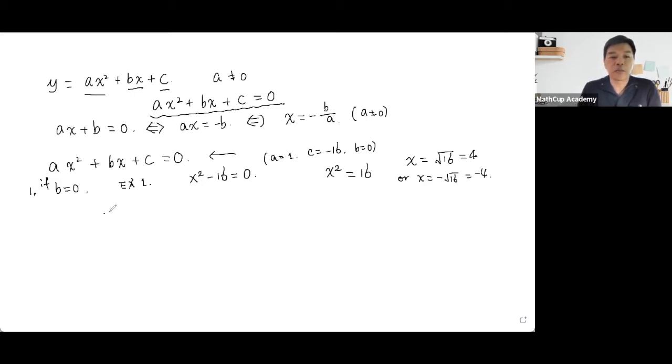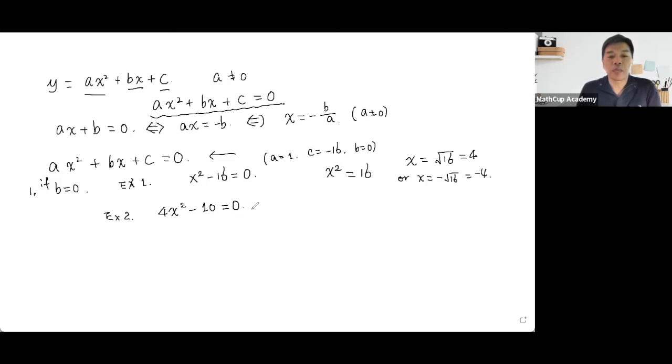Let's look at another example, just slightly more complicated, only because the numbers are less friendly than 16. Let's look at 4x squared minus 10 equals 0. In this case, of course, we do the same thing.